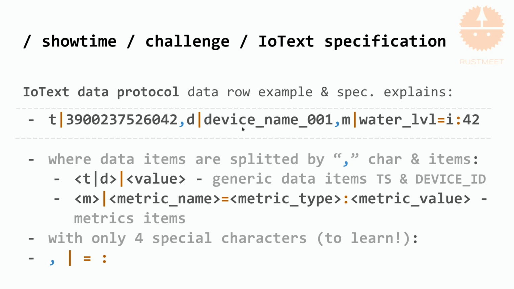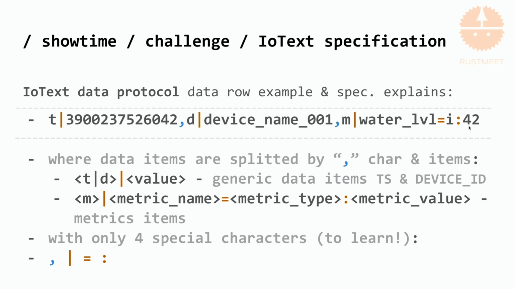There is a device ID and one metric. So the generics here are simple. TRD means timestamp of device name, and M means it is a metric. It is something where we would like to inform the receiver that there is a water level, for example.